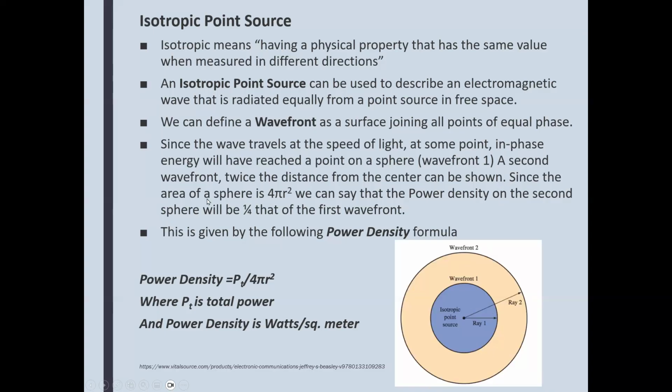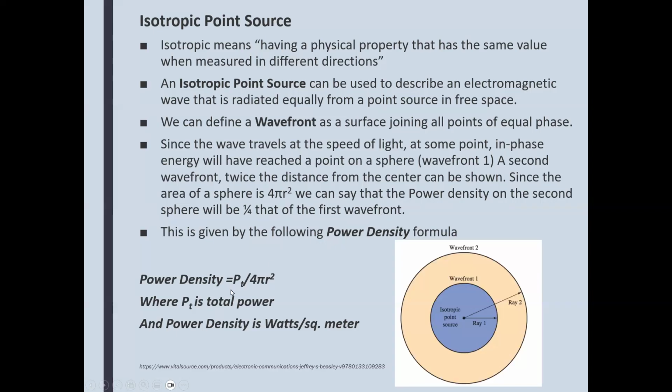Since the area of a sphere is 4 pi r squared, we can say that the power density on the second sphere will be a quarter that of the first front.